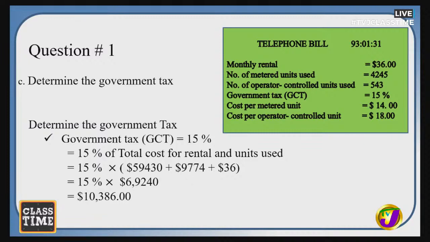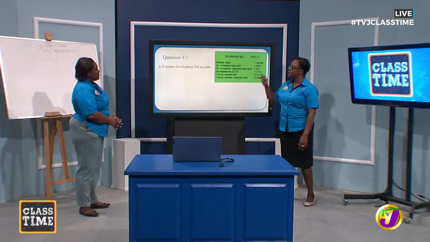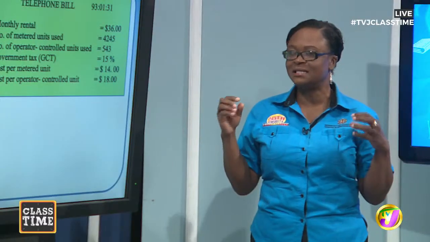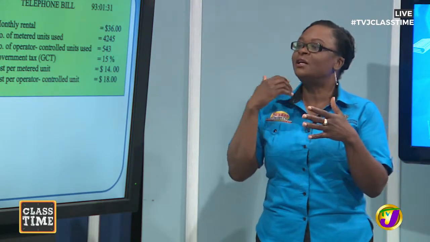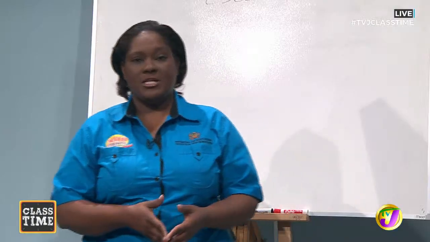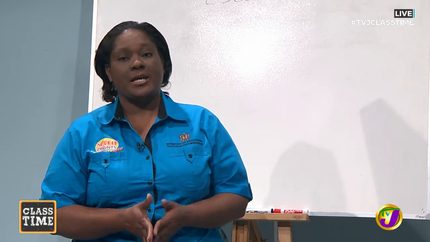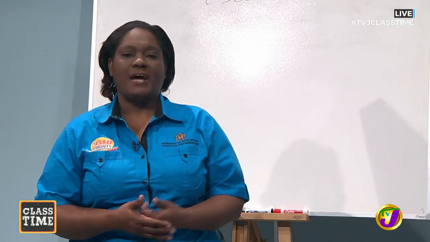Now we are to go to the final stage, because this is where we are most concerned. We want to know the total bill that is to be paid. So we are going to be putting all the information we would have gathered together in order to come up with a final bill.